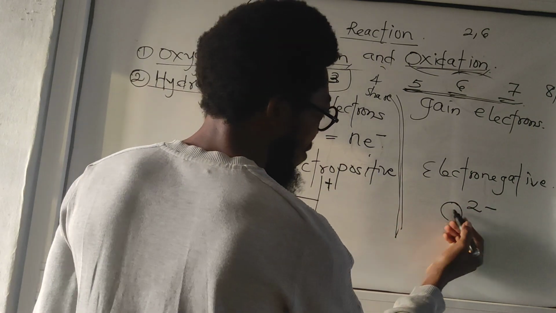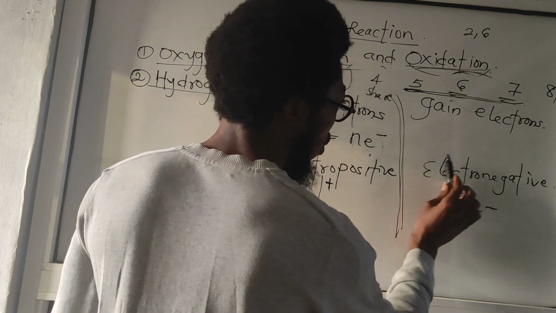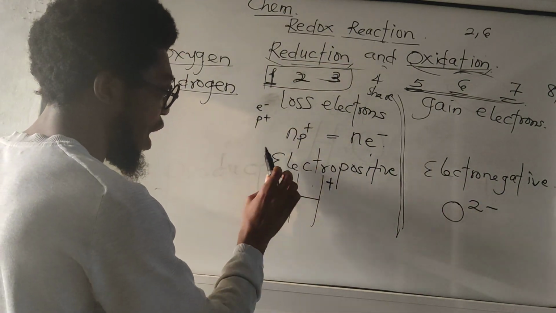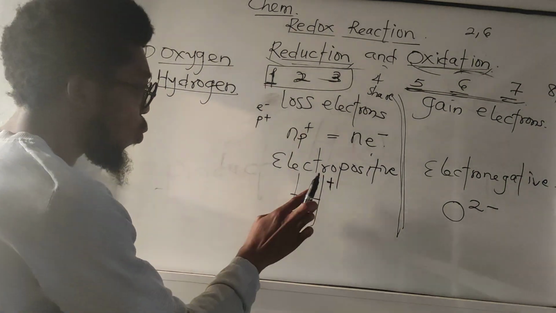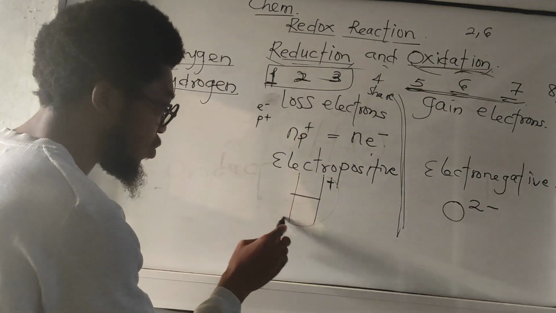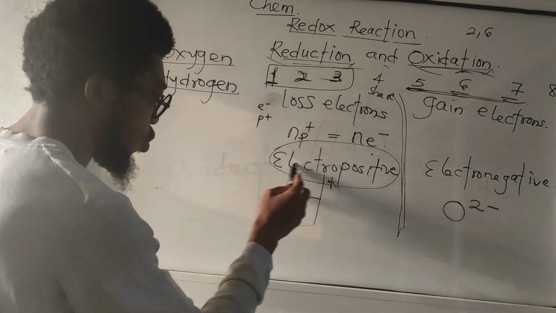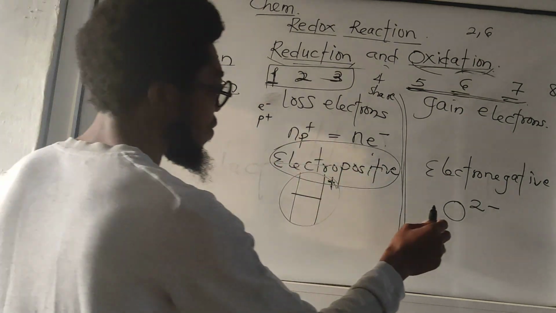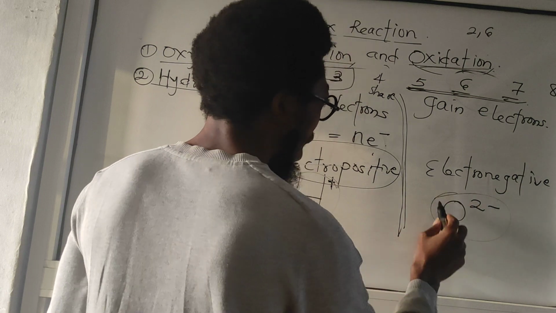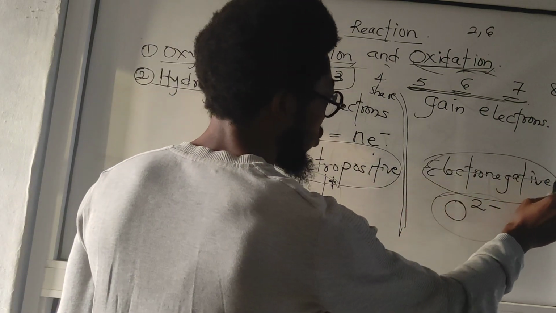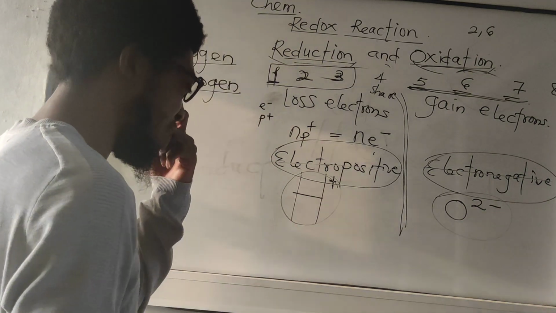If you look at what I have here, oxygen is a member of the electronegative elements. Hydrogen is a member of the electropositive elements. Whatever I say about hydrogen, I can say generally for the electropositive elements. Whatever I say for oxygen, I can say generally for all the members of the electronegative elements.